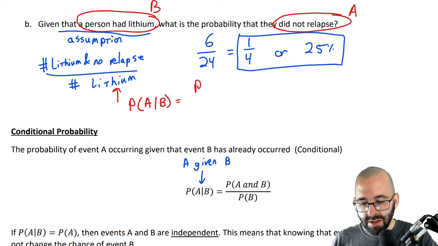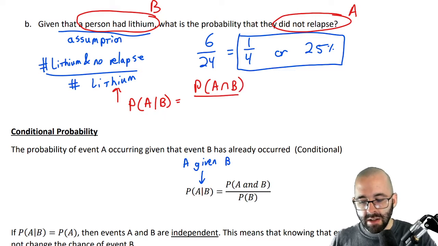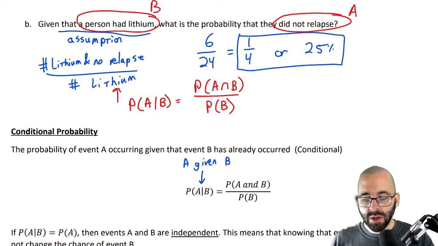And according to this formula, it's going to be the probability that they didn't relapse, and this is the intersection sign, it means and, had lithium, divided by the probability that they had lithium. So here we're using probabilities. It's not exactly the same because the other way is just counting, but it's very similar.